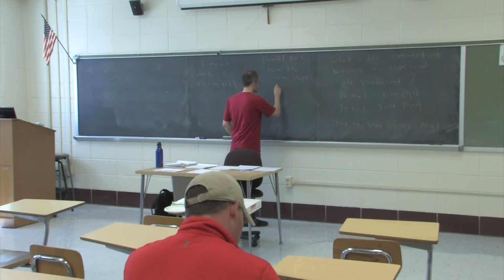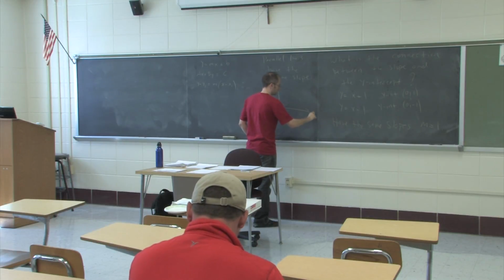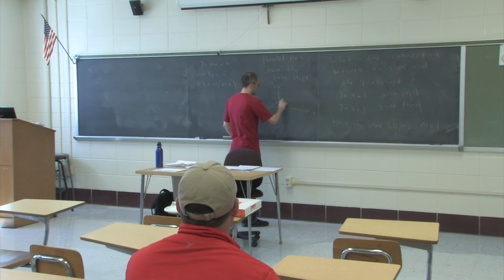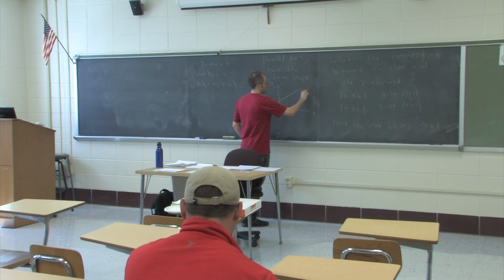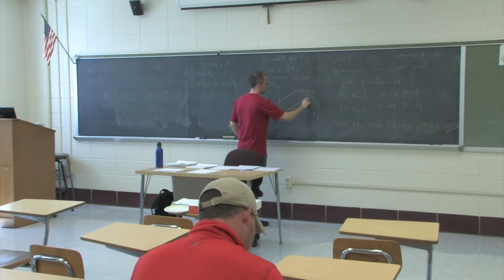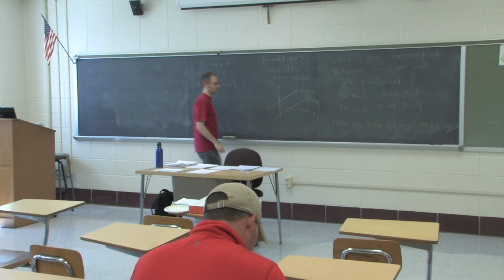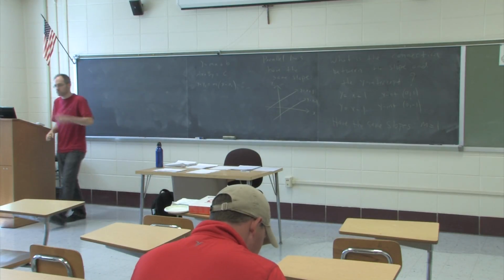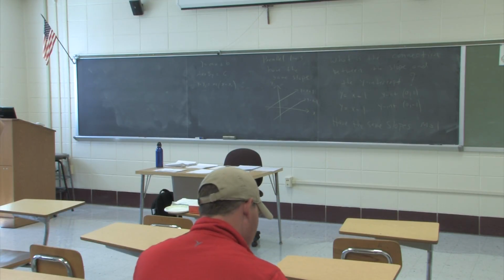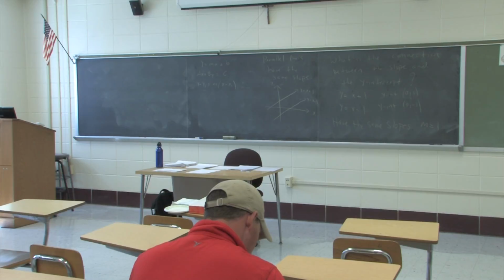So if I were to graph these two lines, I would get something like this. The reason why I bring this up is, what does the y-intercept have to do with the average rate of change? Nothing, right?